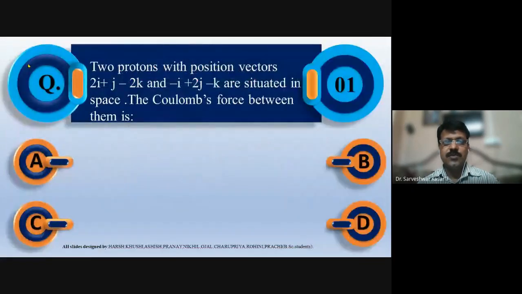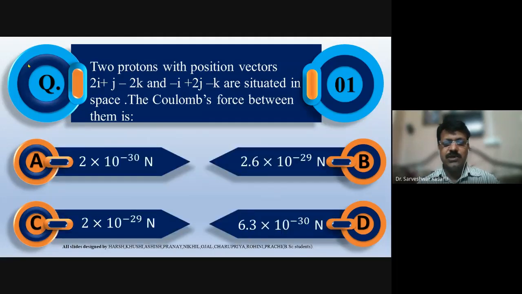So the first problem is: two protons with position vectors 2i plus j minus 2k and minus i plus 2j minus k are situated in space. The Coulomb's force between them is. So here only the magnitude is asked. So your time starts now.